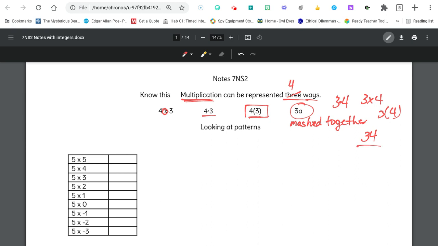So to indicate multiplication between two numbers, we have to use the dot, the times sign, or parentheses. Now, this is not multiplication because the 3 and the -4 are not mashed together. They're separated by a subtraction sign. That's not multiplication. That's subtraction where you do direction, right and right.